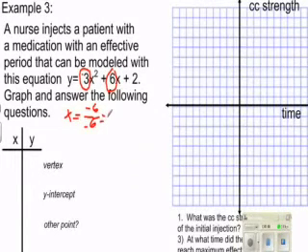So our axis of symmetry then is x equals 1. Like this. Here's our axis of symmetry. Now to find the rest of the vertex, we need to plug in 1 for x and figure out what y is.